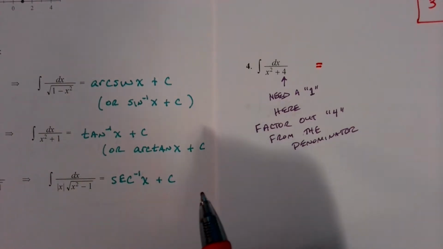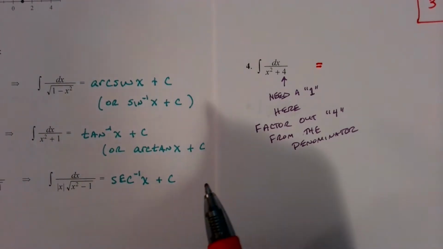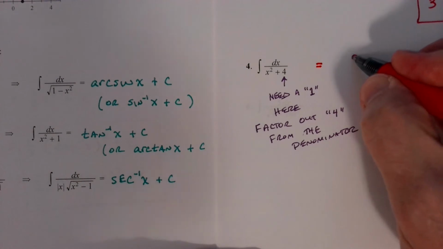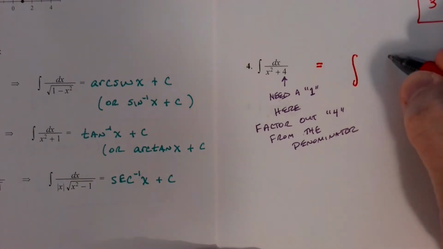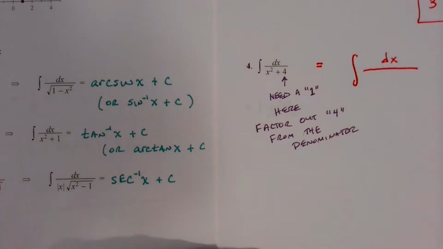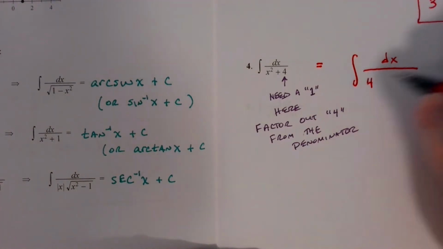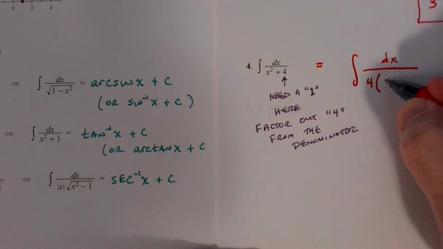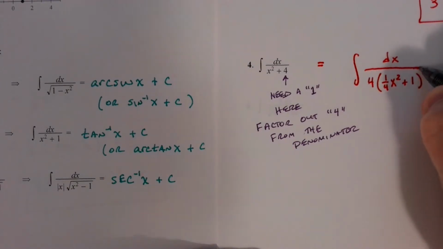Yes, you can. 4 times what equals 1? Answer that question. The answer is 1/4. Right? This is 1/4 x squared plus 1 when I factor the 4 out.